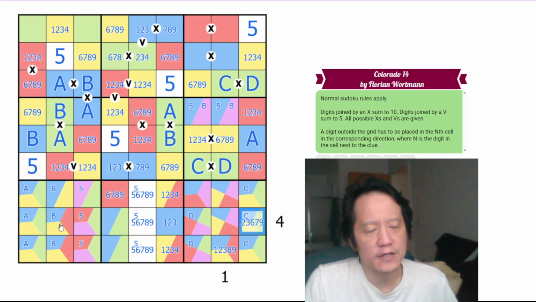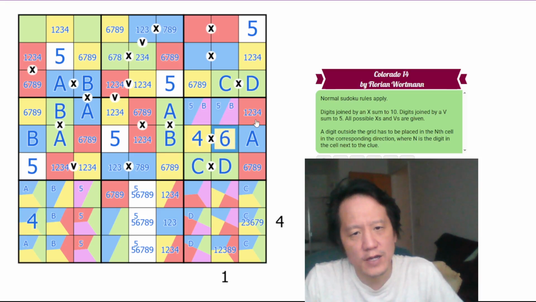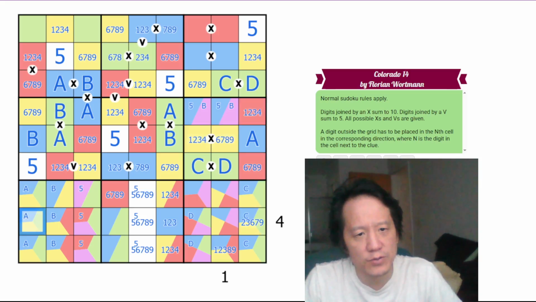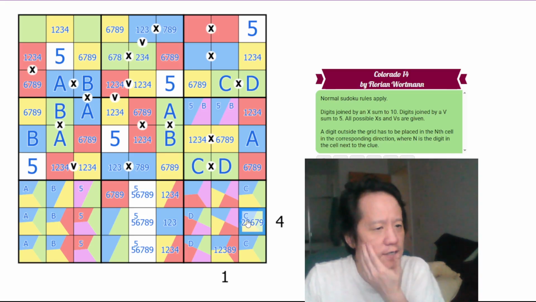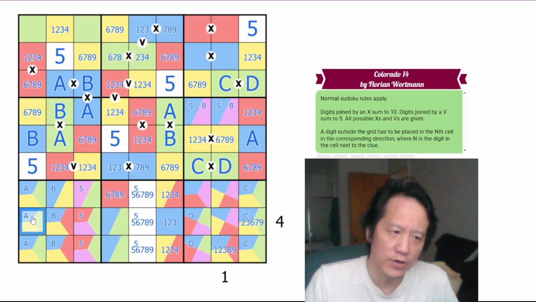If this is 9, that means this is low yellow as a 4. That means 4 would be the yellow, and 1 and 9 would be the high red. But that would contradict the 9 here. So this cannot be low yellow as the 9. Or sorry, the low yellow can't be the 4 here, if that were the case.